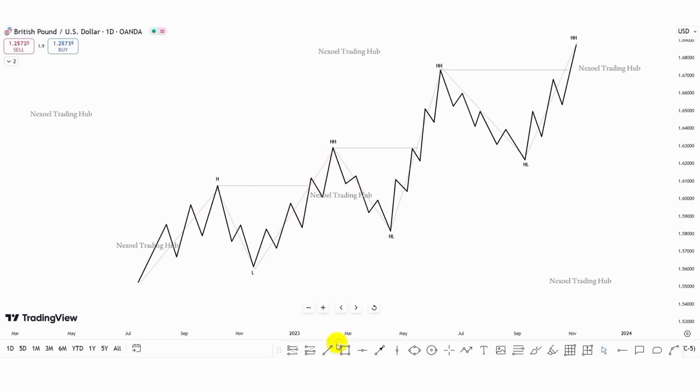Now, if you do not understand how to identify structure, the moment you see that the market breaks through this low in the lower time frame, you might think that the market is now bearish, right? But no, the main directional bias has not changed. The main directional bias is still bullish. This is a minor structure within the impulsive leg move.